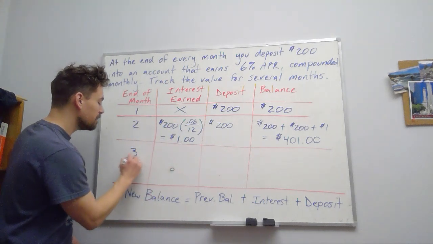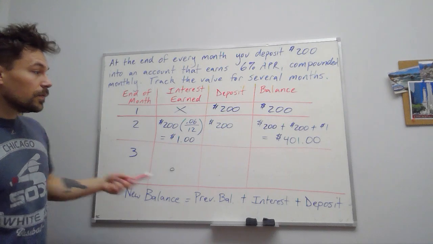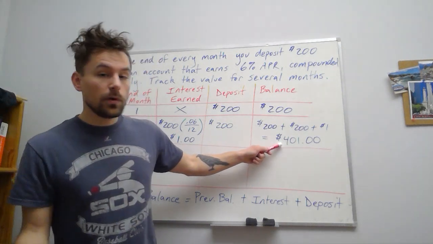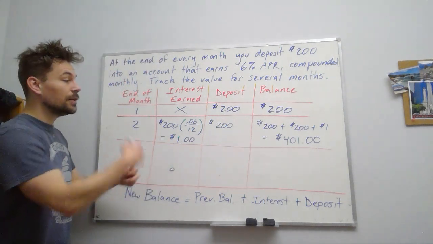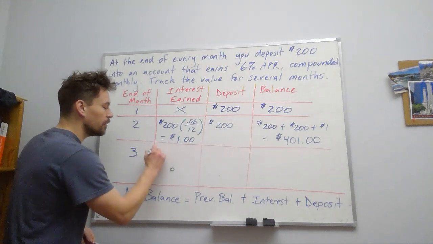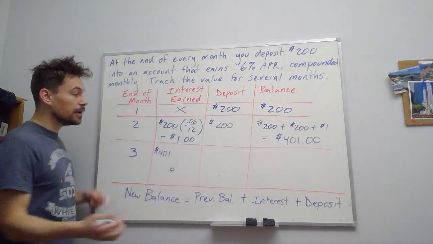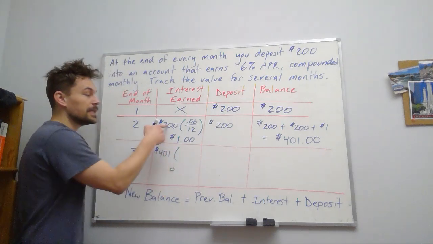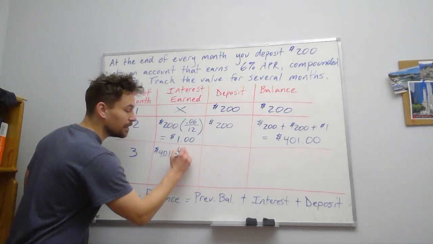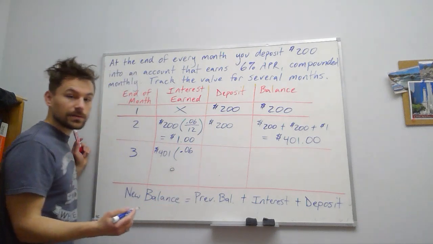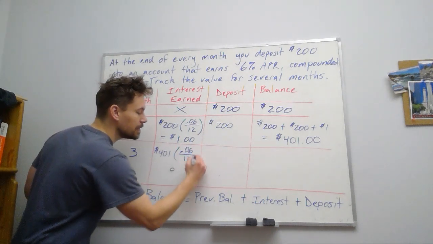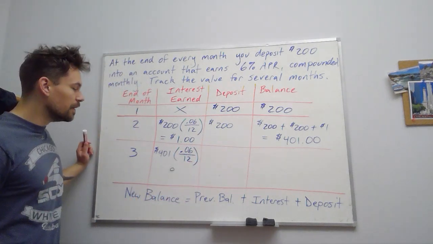So at the end of month 3, we had $401 sitting in the account during this month. Those $401 are gaining interest in the same way that we did the last time, which is not the full 6%, not 0.06, but rather 0.06 divided by 12.